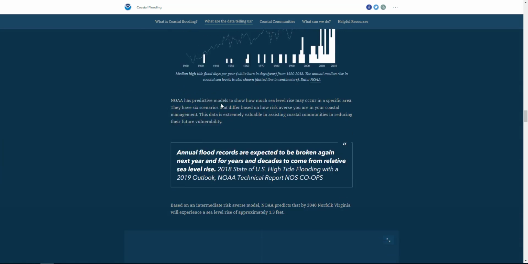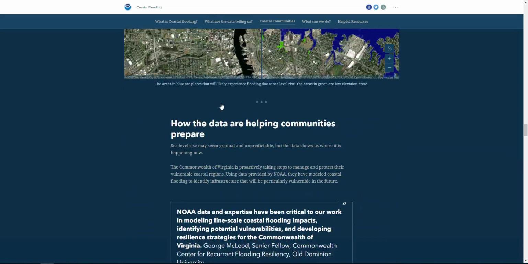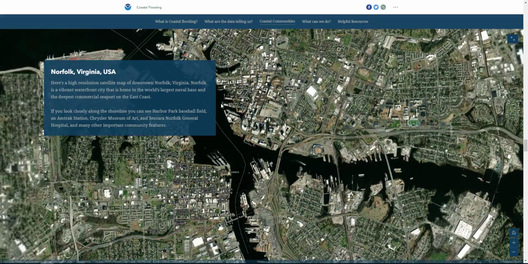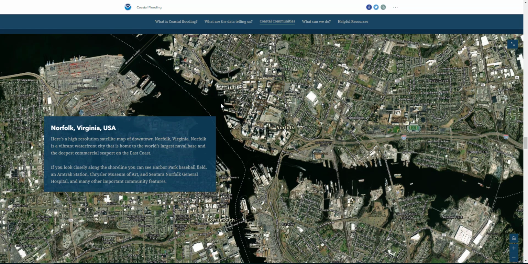But for the purpose of this demo, I want to point out this map that was done for Norfolk, Virginia. And what they did is they took a look at the waterfront area, which is home to the world's largest naval base.